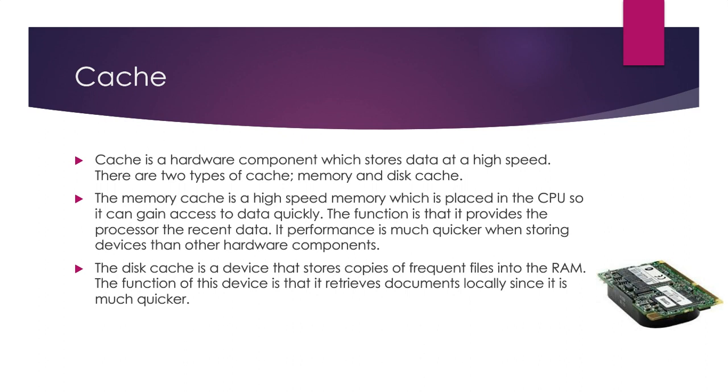Its function is to provide the processor with recent data. You know when you go on the internet, that's where it comes from. The cache and cookies remember where you've been or what websites you've used.